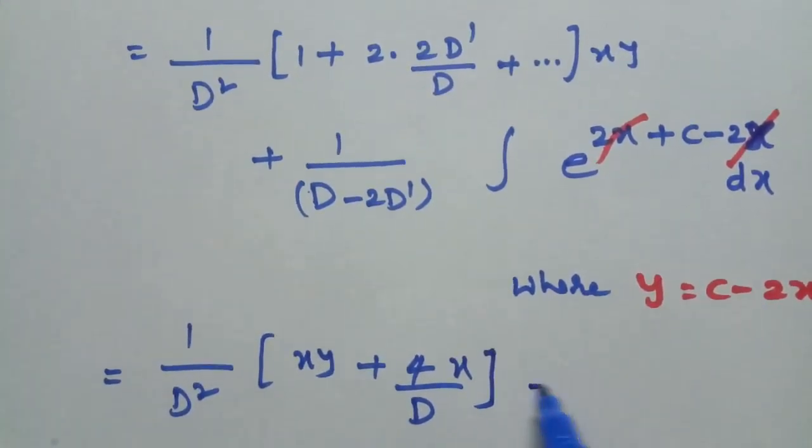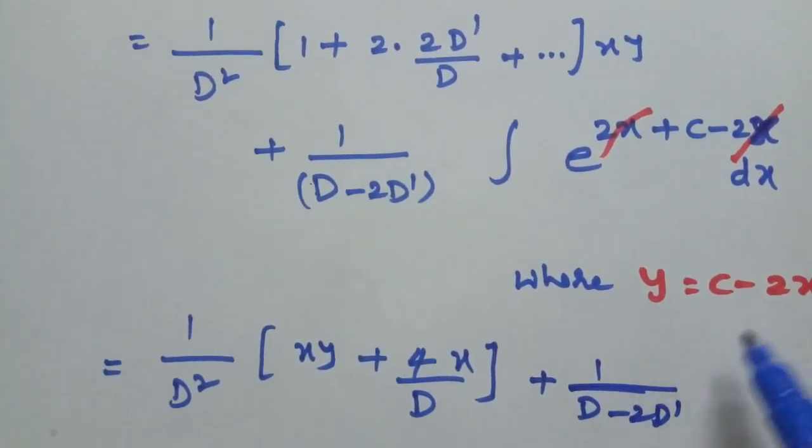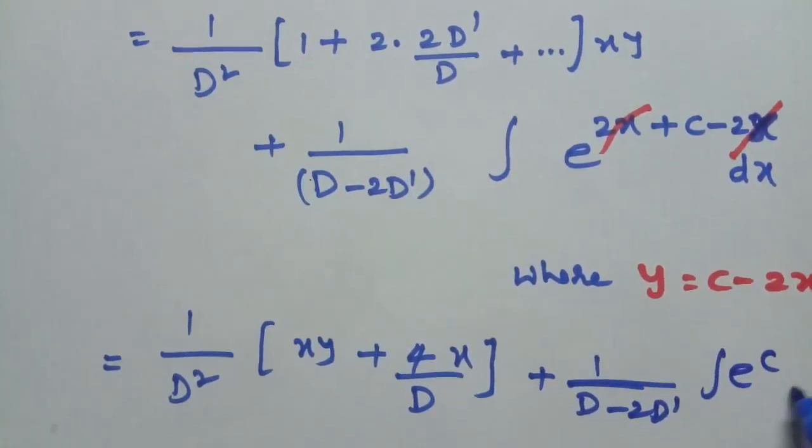Therefore plus 1 by d minus 2d dash into integral of e power c dx.